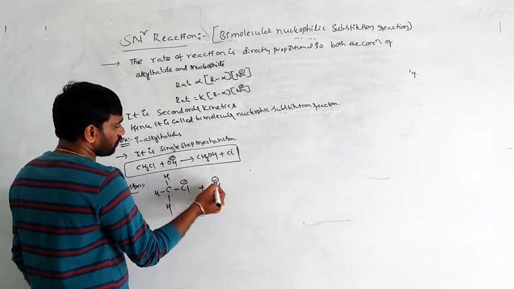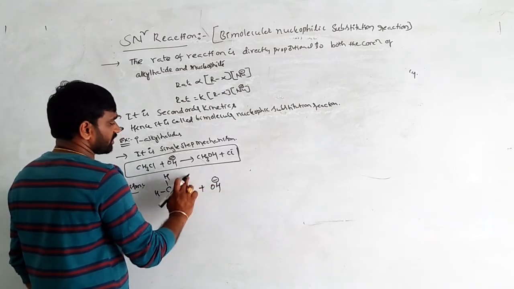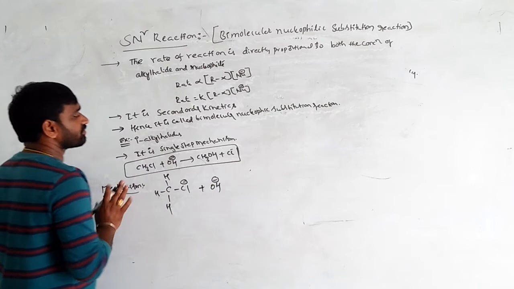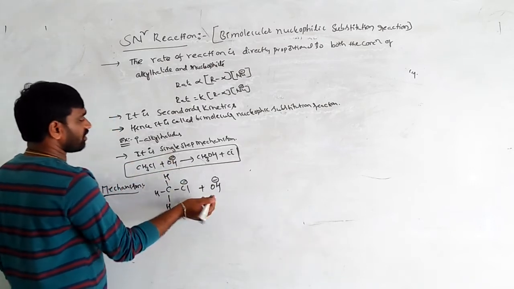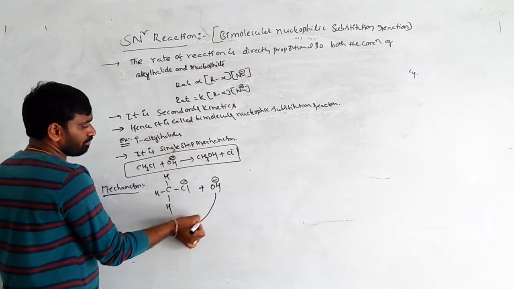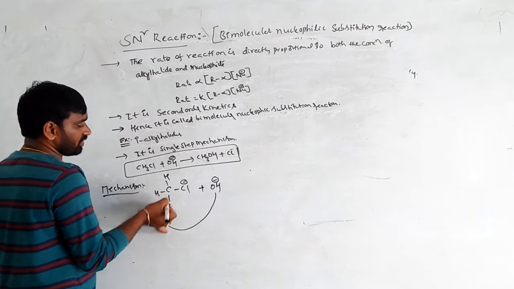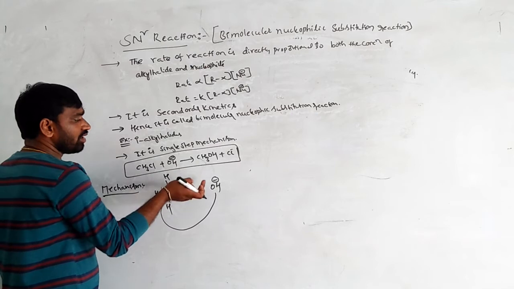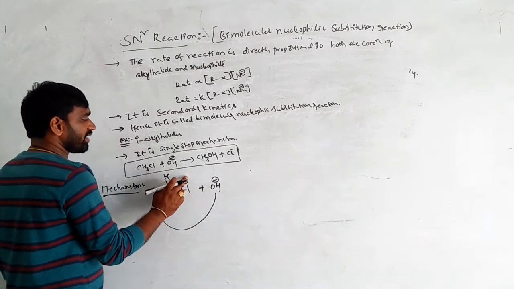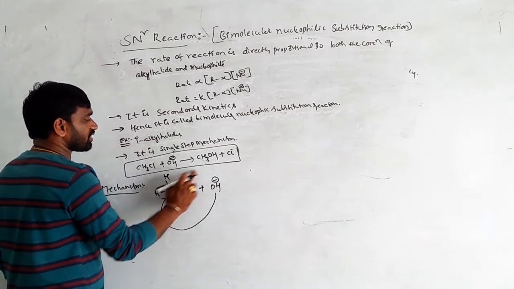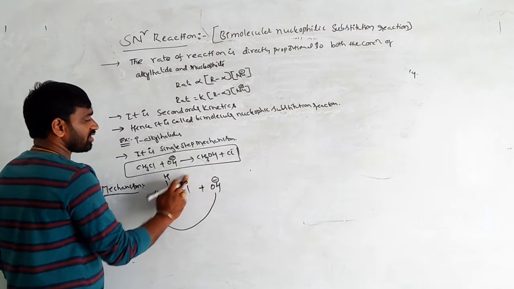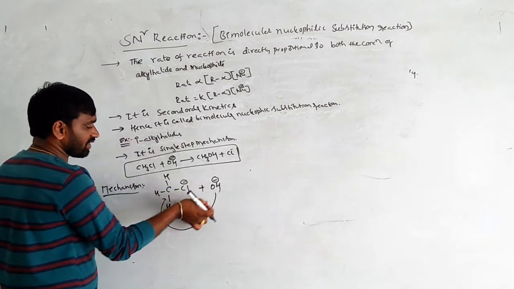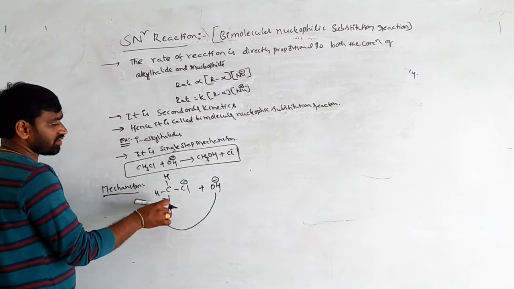Cl minus and OH minus both carry negative charges. In this reaction, OH attaches to the backside of the carbon only. Why is it attached to the backside, students? On the front side, Cl minus and OH minus have the same charge, hence there is repulsion. Hence OH minus attaches only to the backside of the carbon.